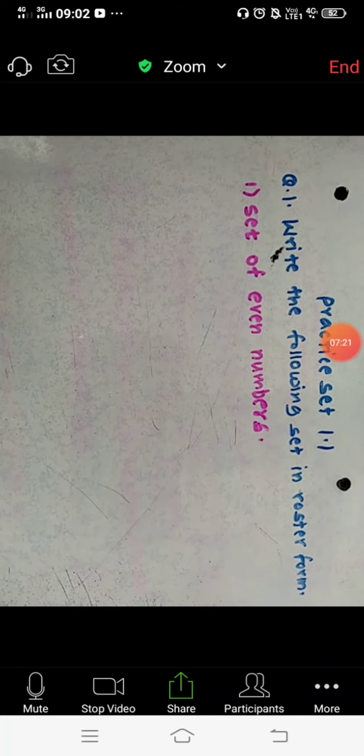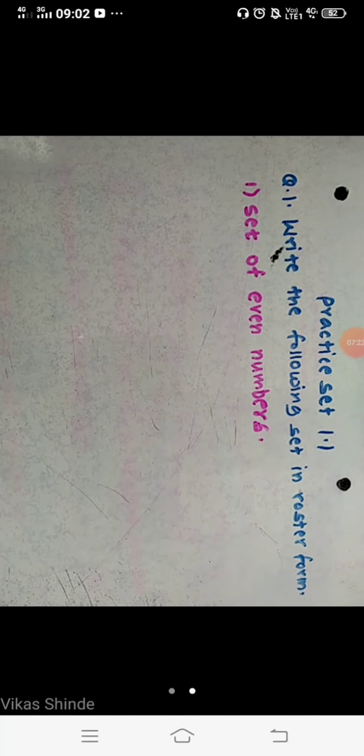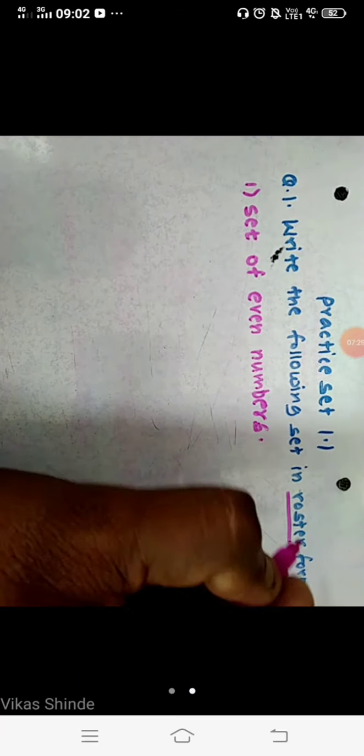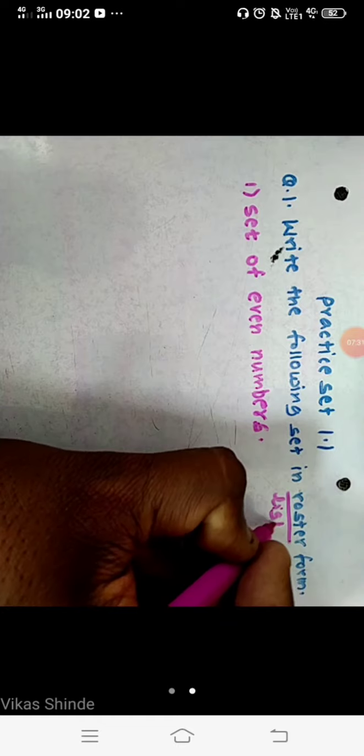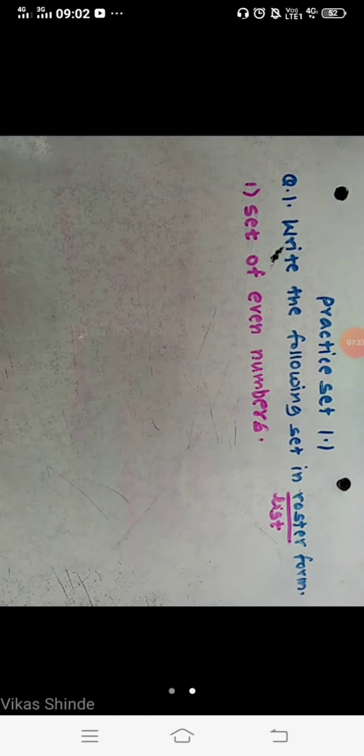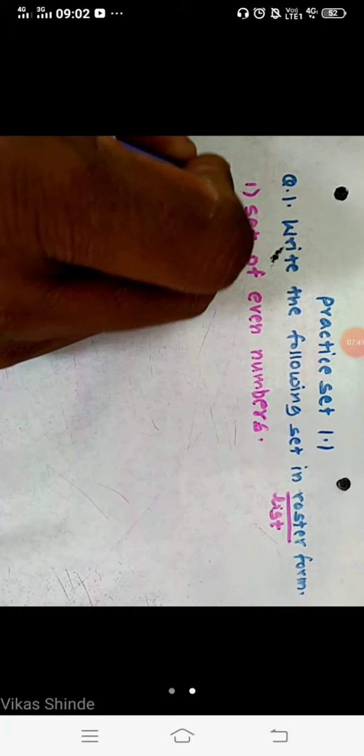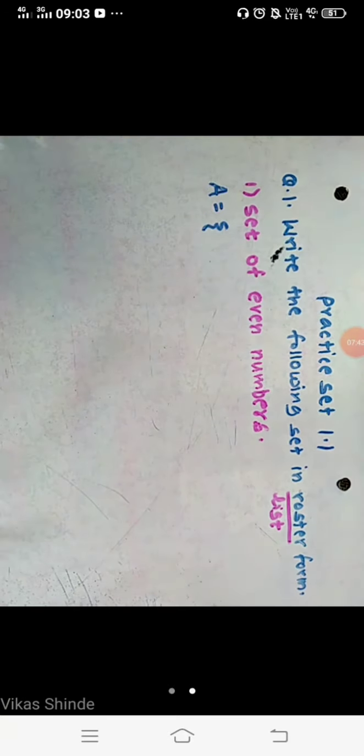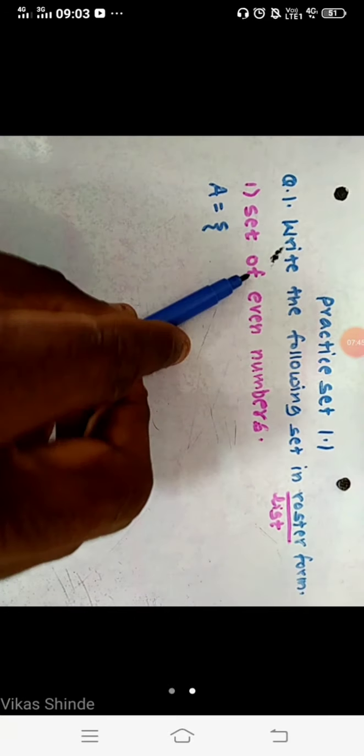Now look here. In practice set 1.1, question number 1, write the following sets in roster form. You know the meaning of roster. Roster means here we also use the list. First question here, set of even numbers. In this question, the name of the set is not given, so we have to imagine, suppose, A. Then curly bracket. Look here, set of even numbers.